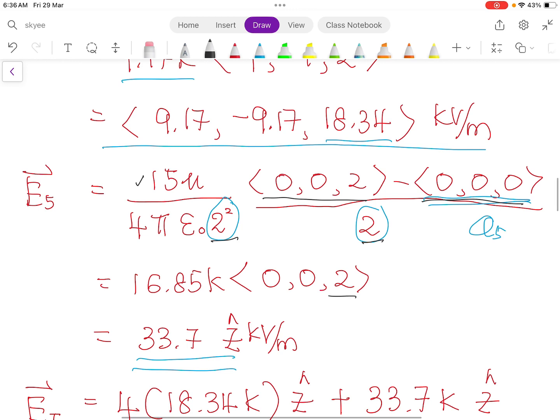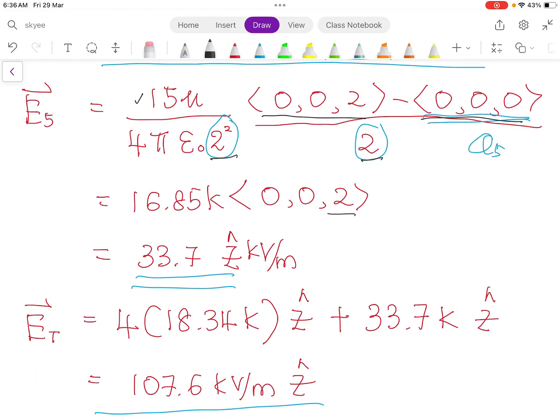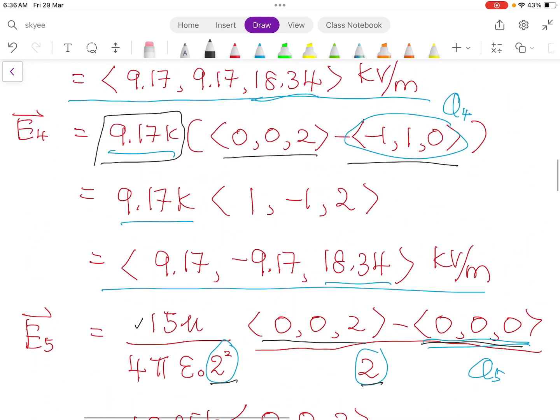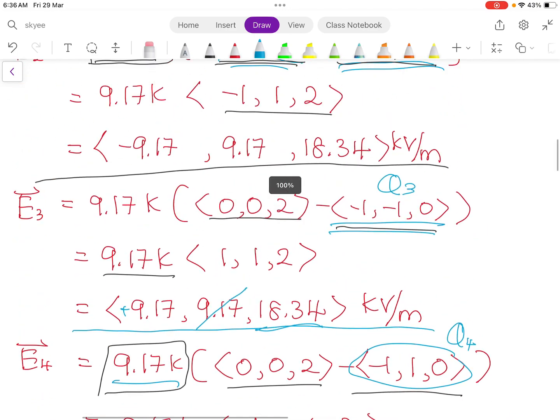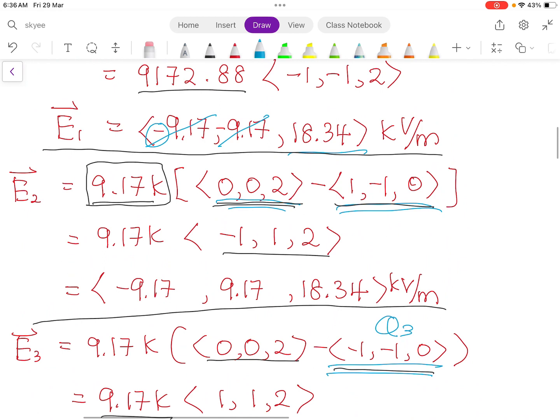Now we need to sum them up, and if you observe, you can see that their X value and Y value can be cancelled out. For example, this one can be cancelled out with this. Both of these are positive, and they can be cancelled out with the terms over here, which are negative, and the negative over here can be cancelled out with the positive over here.